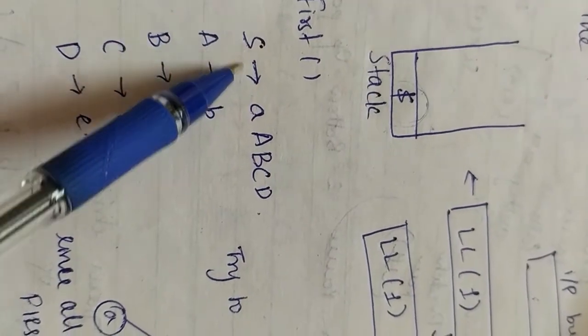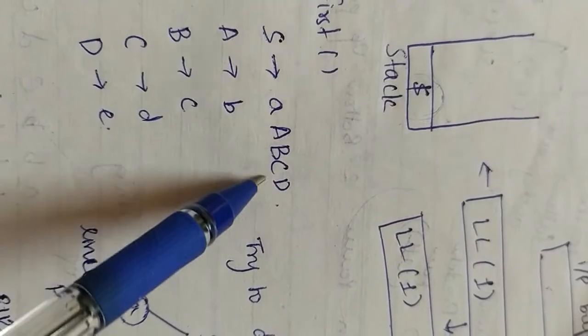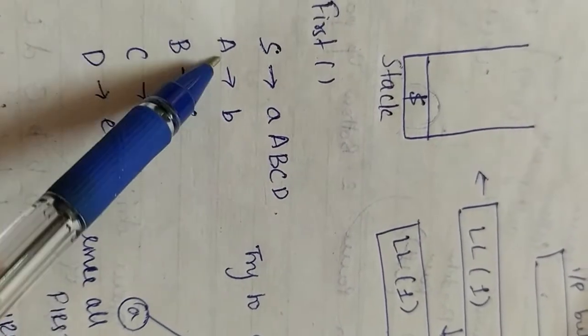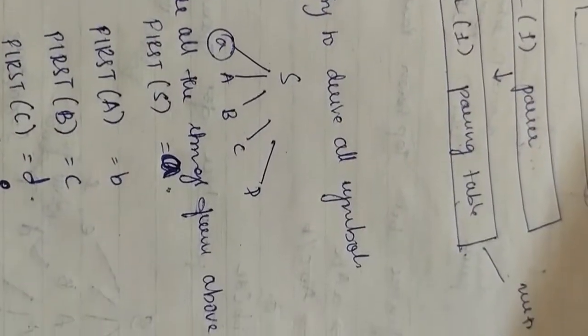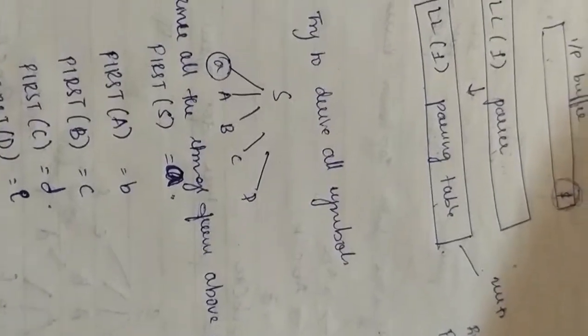So let's assume we have this grammar here. S is the start symbol. I have all these productions, S, A, B, C, D. I have 4 non-terminals, and for every non-terminal I have some more productions here. Okay, let's see what first is. How do you define first?